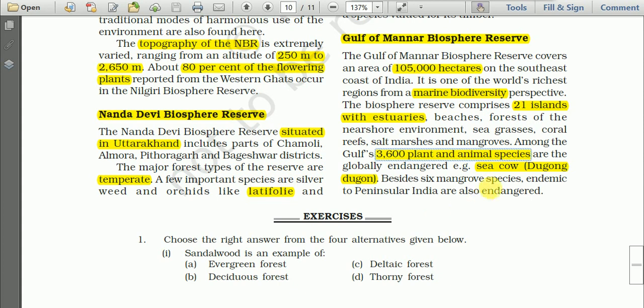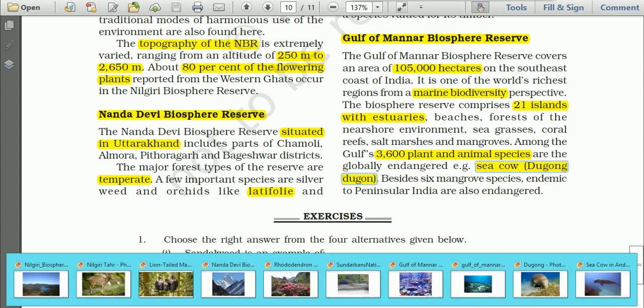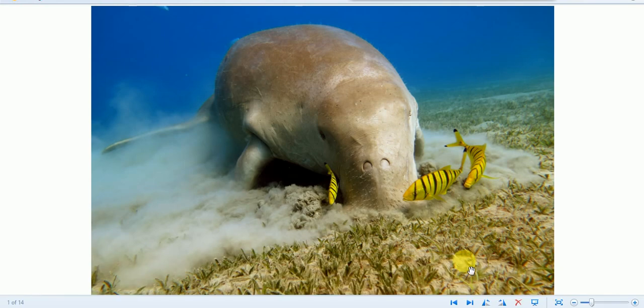For example, the sea cow. This species is endangered, going to be extinct if negative factors continue. Scientifically, it is known as dugong dugong. Here we have a photograph showing the sea cow, dugong dugong.